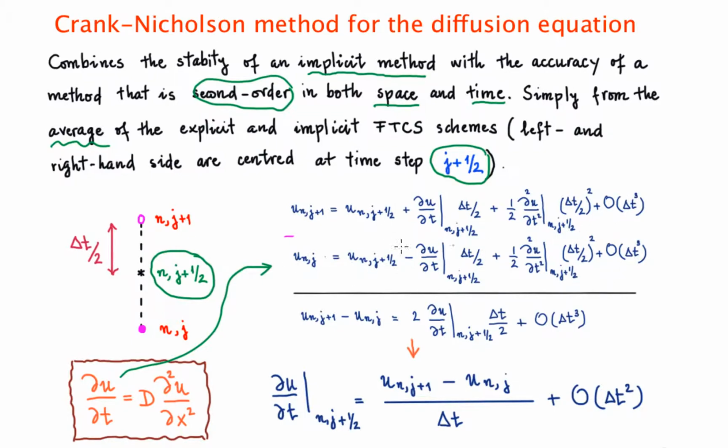And the same with the other one. The only difference between the 2 is that this is forward in time with respect to this intermediate time, and the previous one is backward in time, so here delta t is going to be negative. So the only difference is that the linear term here is negative, but the rest is the same.